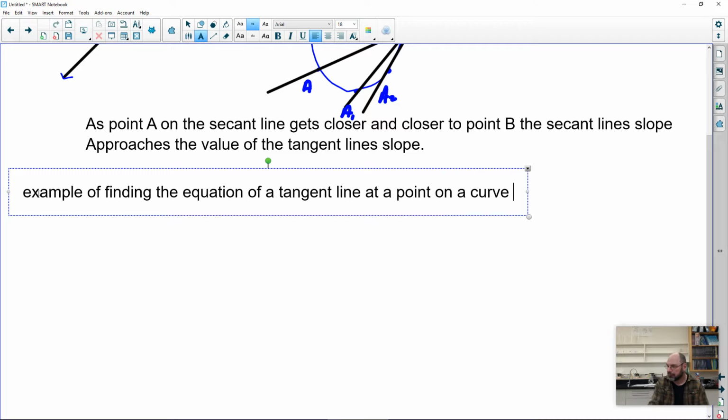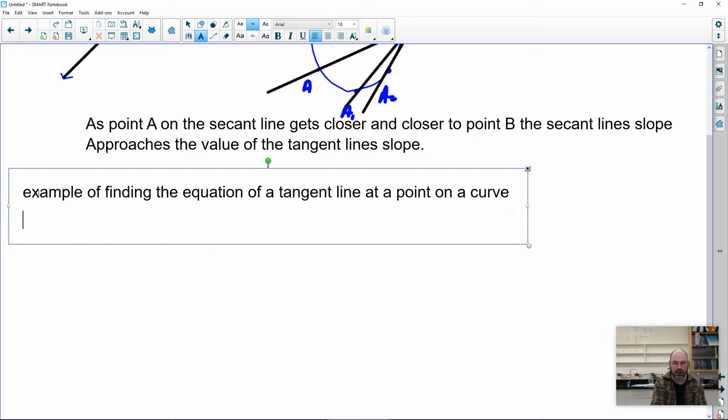So let's say, find the slope of, I can't type, of, let's say the tangent line at x equals 1 to the curve.